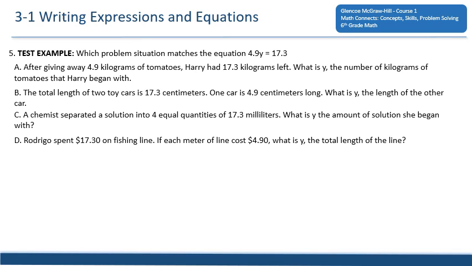And D, Rodrigo spent $17.30 on fishing line. If each meter of line costs $4.90, what is y, the total length of the line? And I think that 4.9 times y, the total length of the line, equals 17.3 is correct.